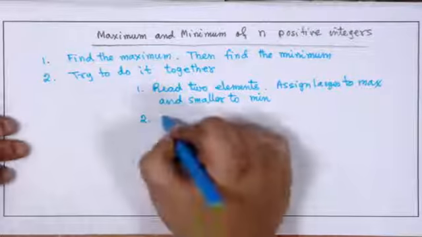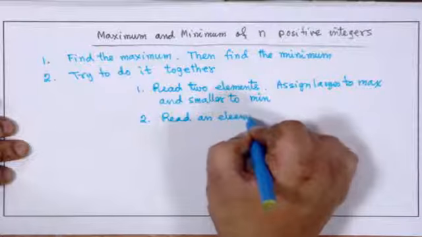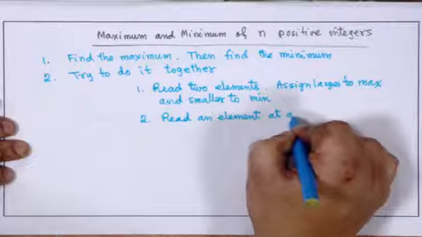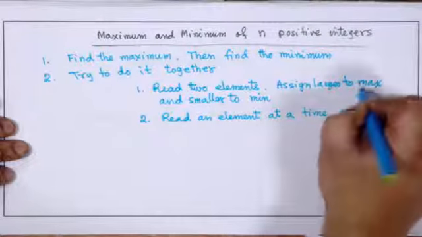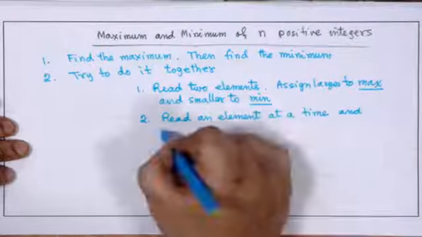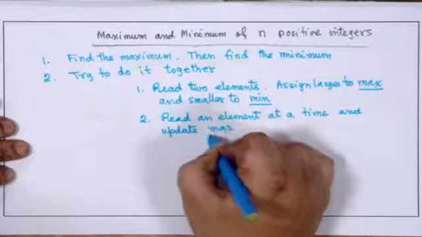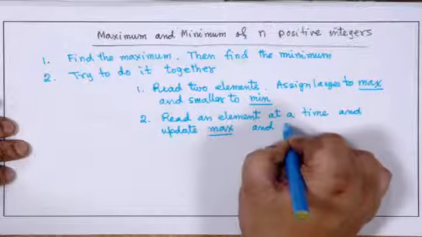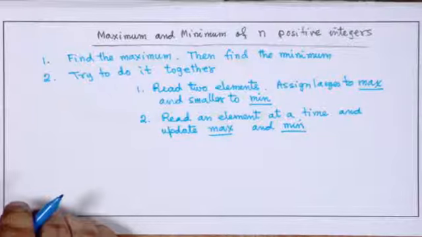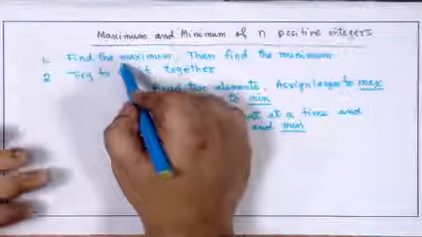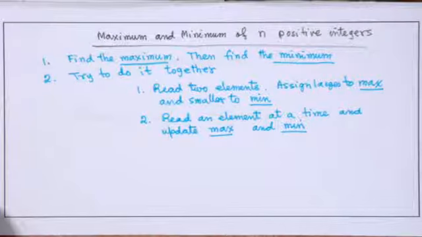So, then they would read an element at a time and update max and min. These are the typical ways one who would find the maximum and then the minimum, and the other would do this.